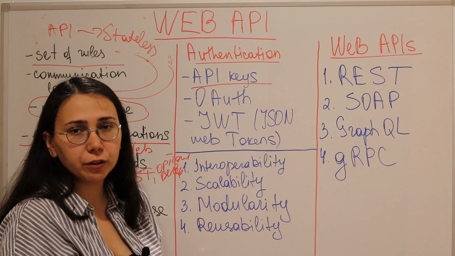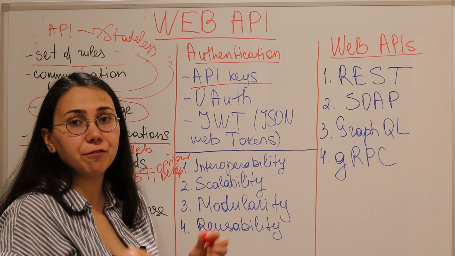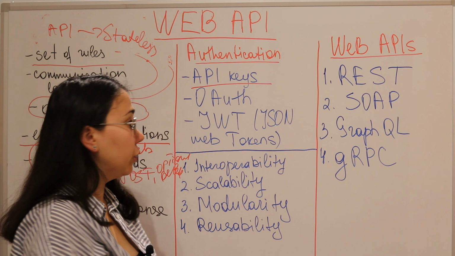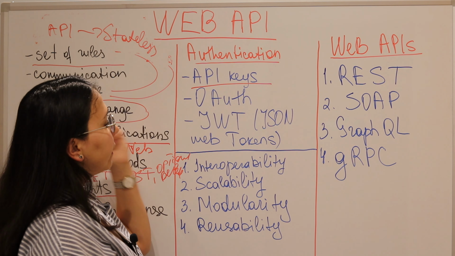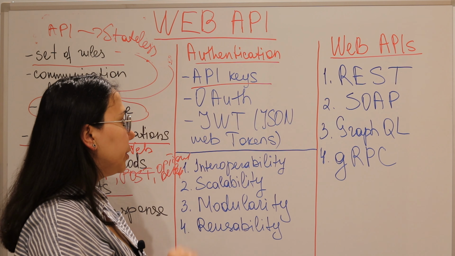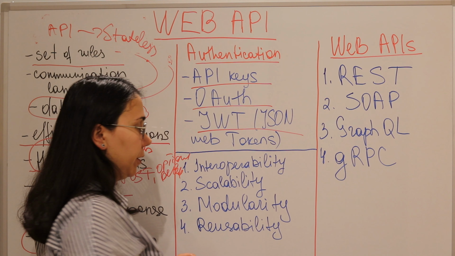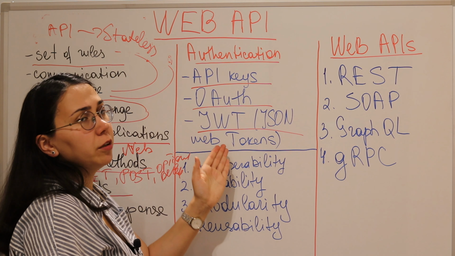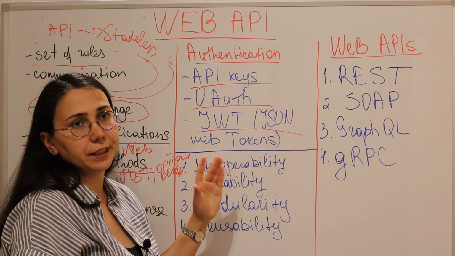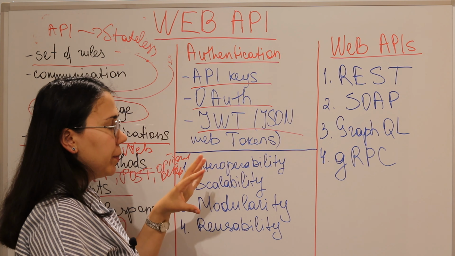JSON is preferred by some web applications because it's a very lightweight format for documents and files, and therefore JWT for short is used as an authentication method for APIs as well. This is not too important, but it's good to know which authentication methods API supports, especially if you're working with APIs on a daily basis.